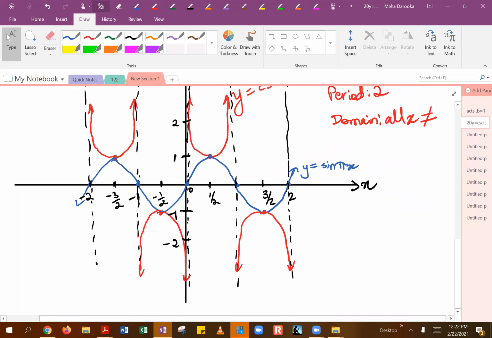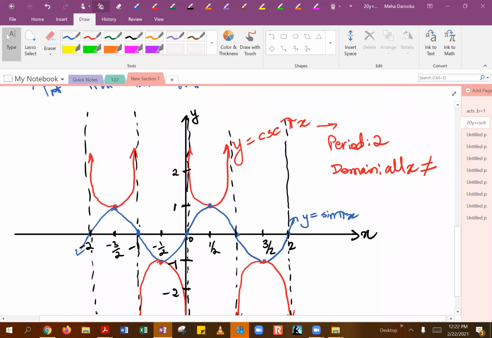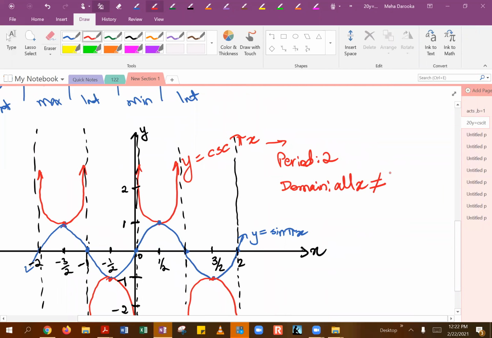So you can actually see your first, if you go from 0 to the right, your first vertical asymptote is actually happening at positive 1. So it will actually be positive 1 plus n. And yeah, n can be an integer, so n can be 1. So 1 plus 1 will give you 2, which will bring you to the vertical asymptote at 2.